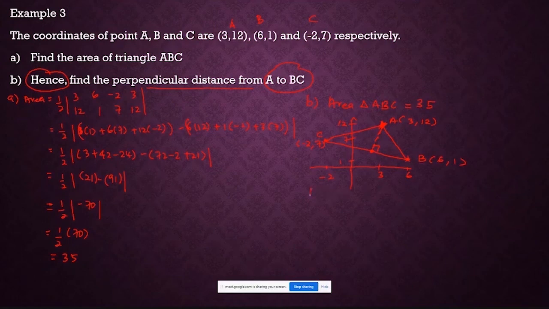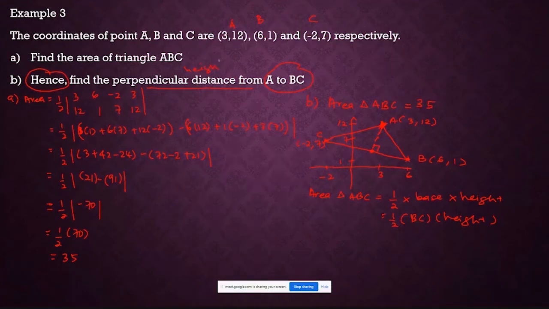You have one more formula, area of triangle ABC equals 1 over 2 times base times height. The base here is BC, times the height, which is the perpendicular distance. The perpendicular distance is the height of the triangle.